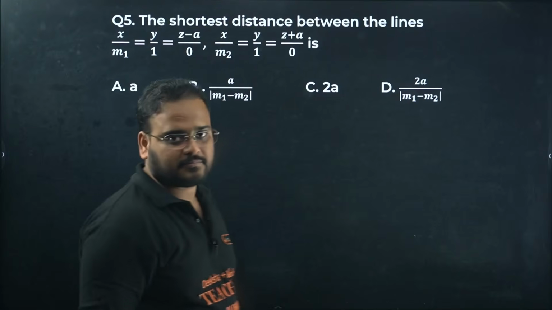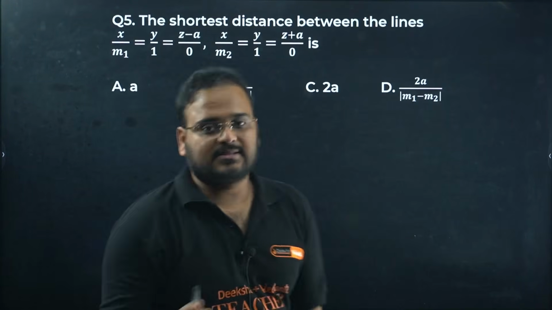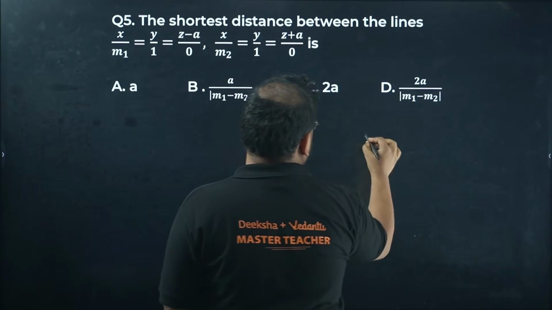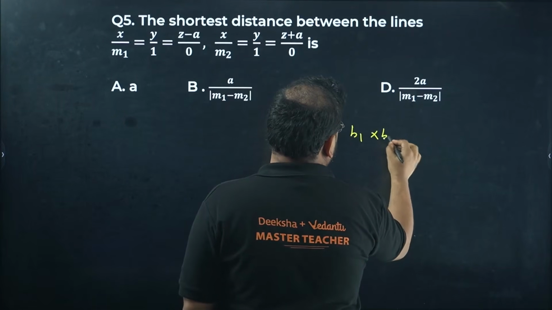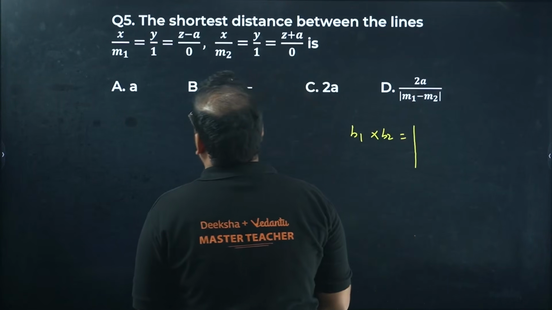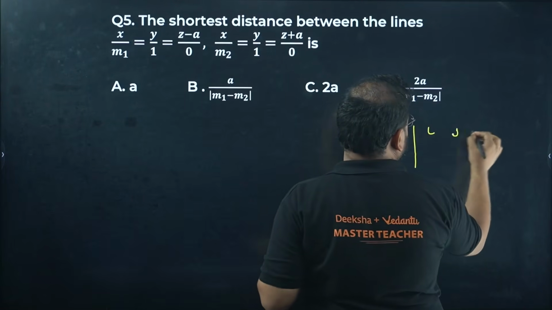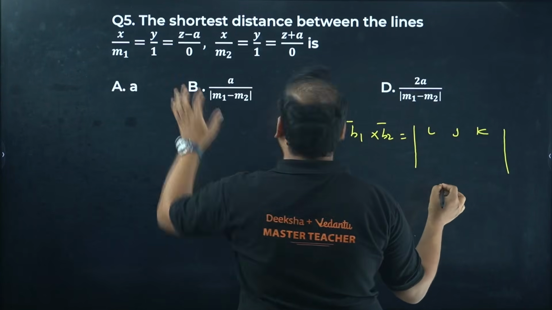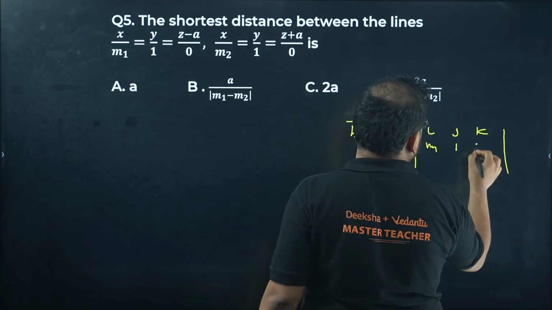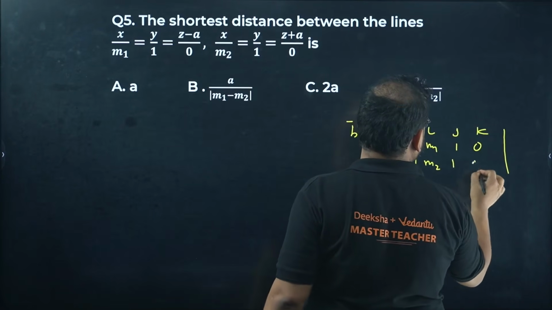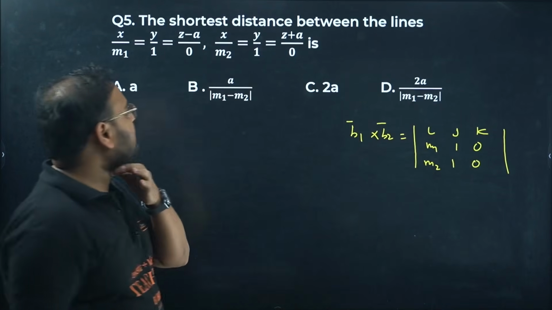Come on, question on this. Shortest distance between the lines given here. The first step is to find b1 cross b2. Let's find this value. First we write i, j and k, then write m1, 1, 0 and m2, 1, 0.